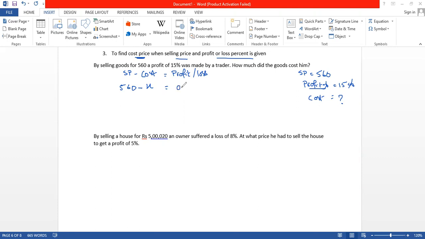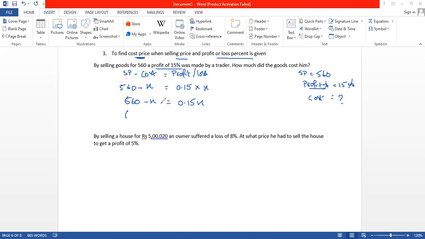So 15% of the cost price. Of means multiplication. 15% of the cost price is your profit over here, right? Because it says that you have made a profit. So no negative sign over here. Now 560 minus X, this will multiply. So this will become 0.15 X.